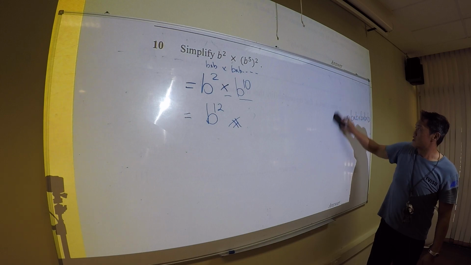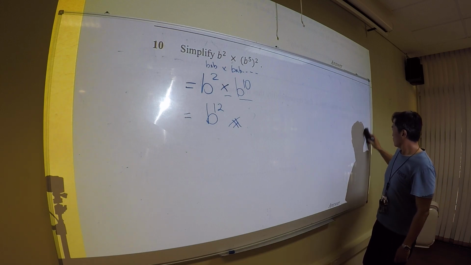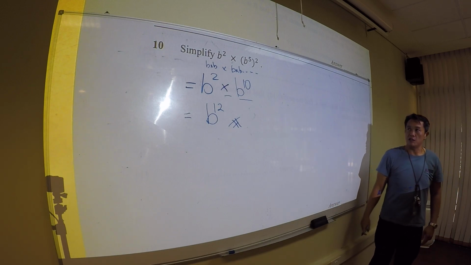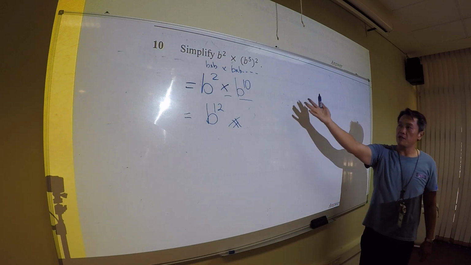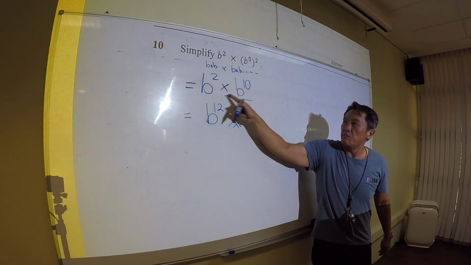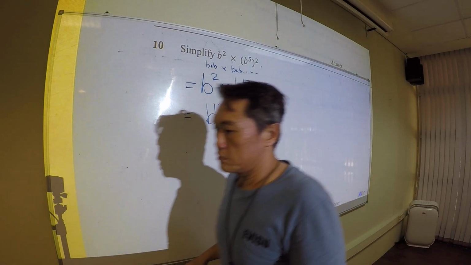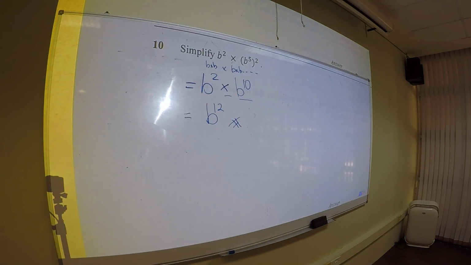So the rules itself, even if you don't remember, go back to basic, what it actually means. But if you remember the rule, then good. Same base, multiply, just add the power.